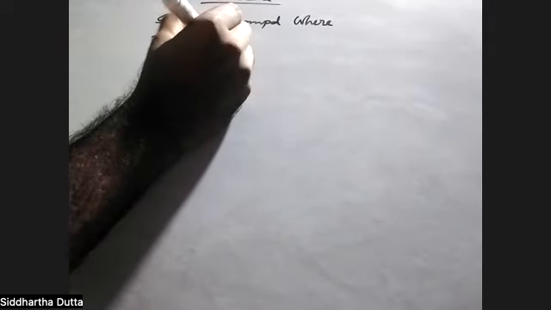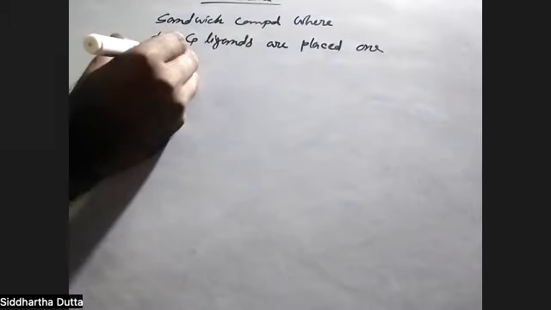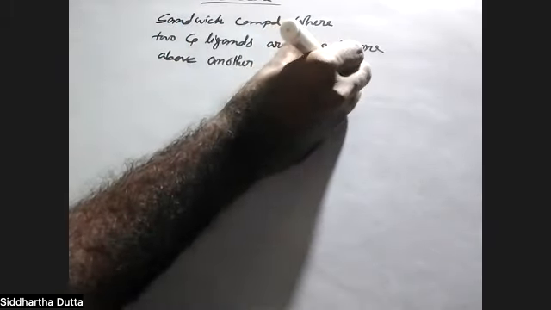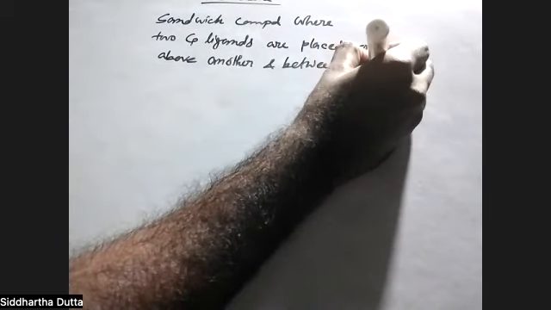Ferrocene is a sandwich compound where two Cp ligands are placed one above another, and between them a metal atom resides.